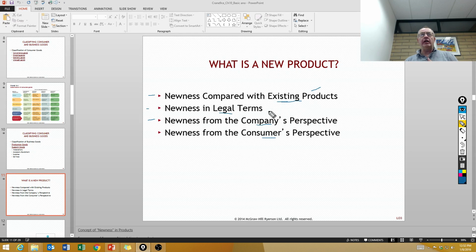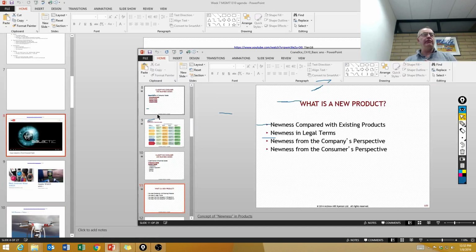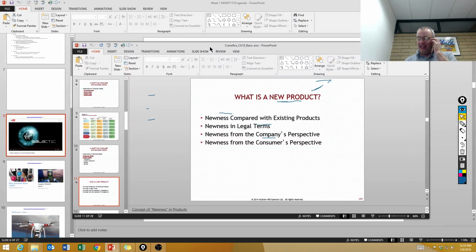A couple of examples of new types of products: a new type of product that we've seen recently, not available in the market quite today, is self-driving vehicles. I've posted a little video in Moodle about self-driving vehicles, but I'll come back to that in a minute.